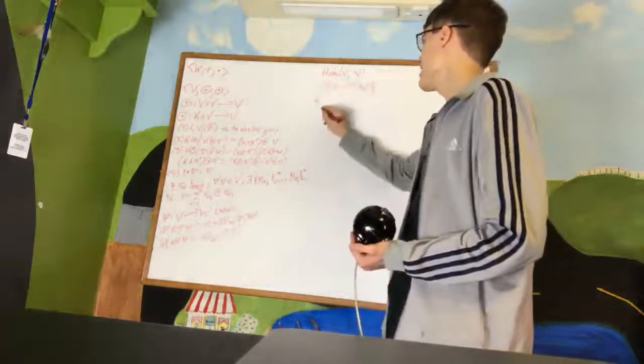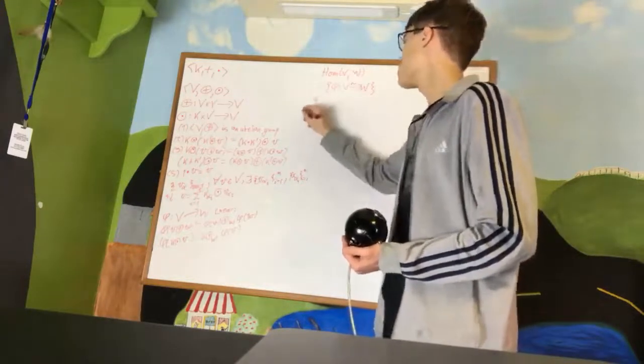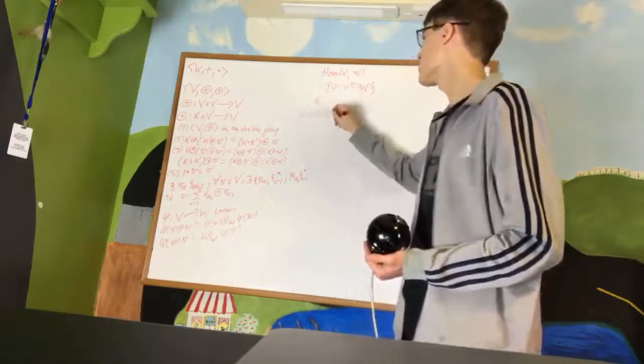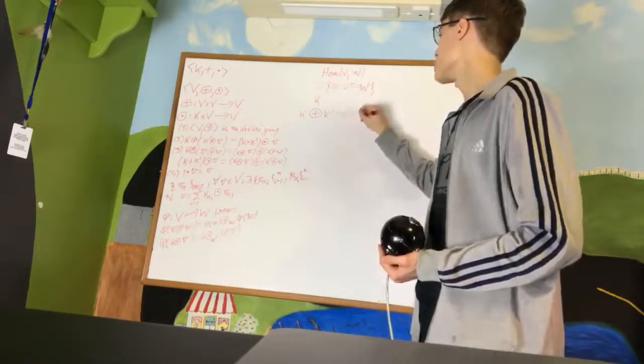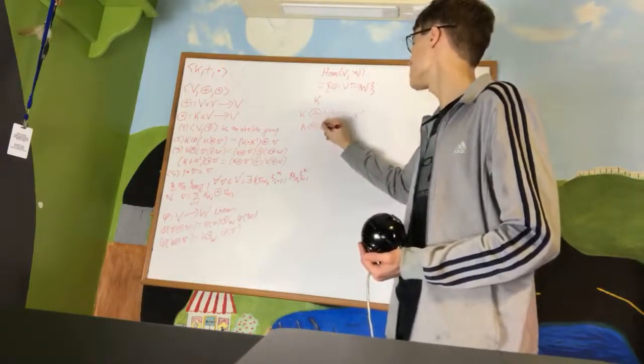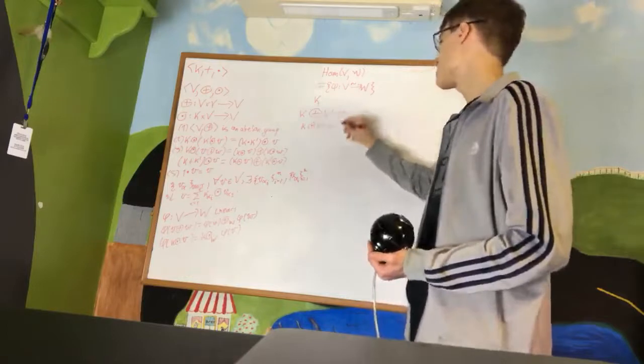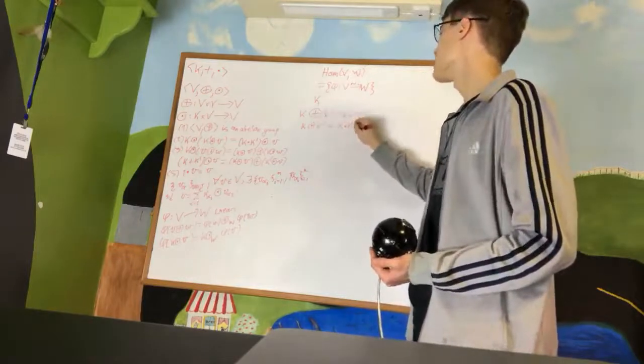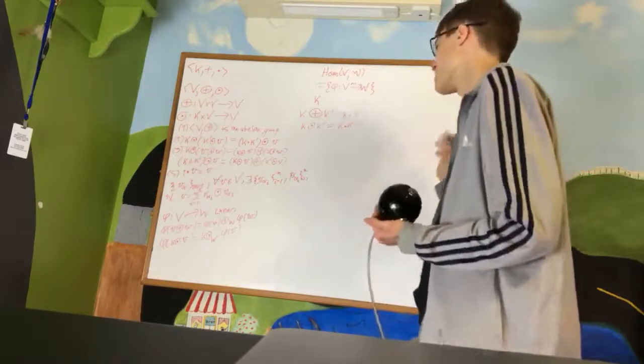What we define is the circle addition between two elements of the field is just normal addition on the field, and that scalar multiplication between two elements of the field is just normal multiplication. So a field is a vector space over itself.